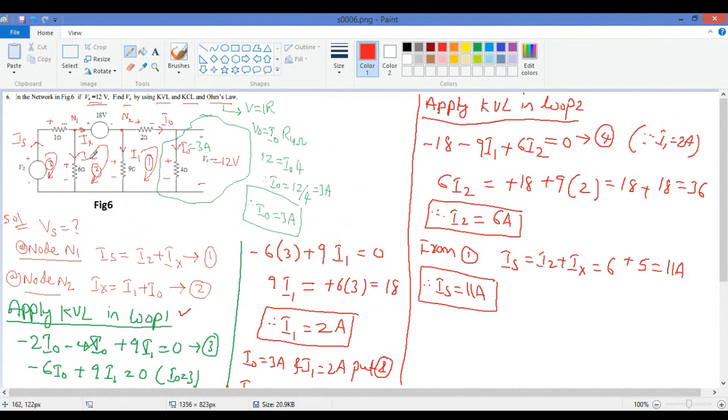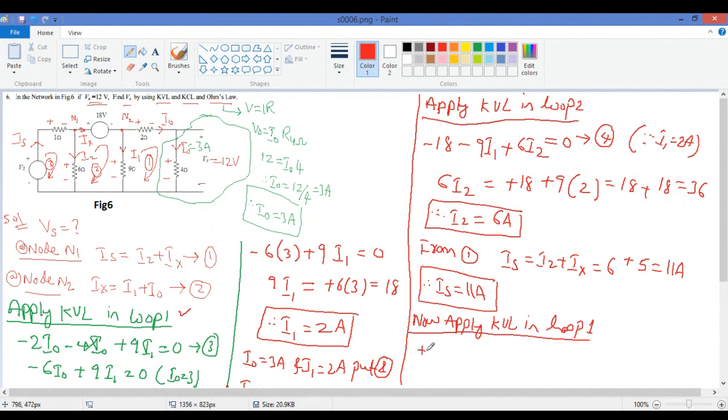So now we will apply KVL in loop 1. When we apply this in loop 1, you see the current Is is leaving from positive.